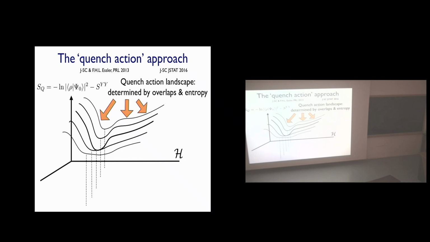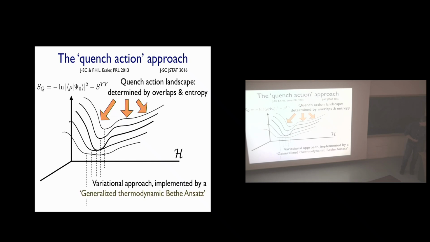And now what occurs is that the steady state at t equal to infinity is going to be the state at the saddle point, or the minimum, of this effective action. Okay? And you can find the location of that saddle point, of that minimum, by doing some variational stuff, just like you would do a saddle point approximation in field theory.